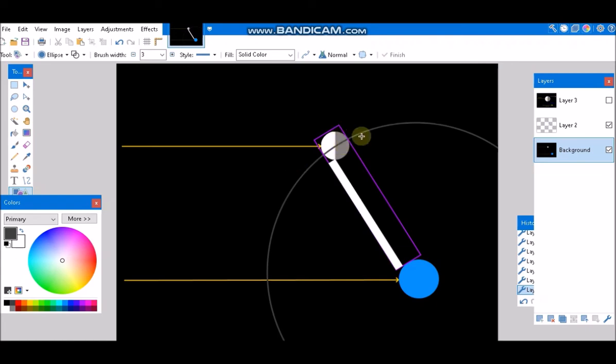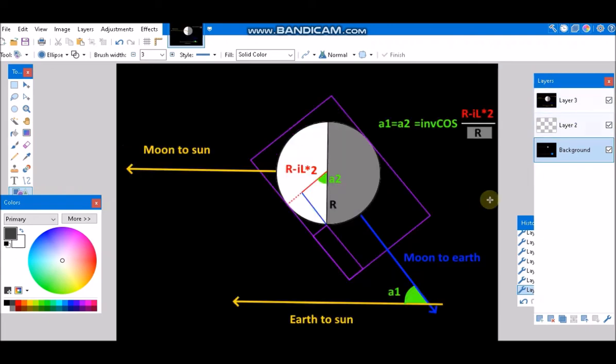Now let's go deeper into the moon. These are the two lines to the sun, and we have here the radius of the moon, and a triangle marked by the percentage of the illumination. So we said this looks like maybe 15% illumination. This 15% is in relation to the whole diameter.